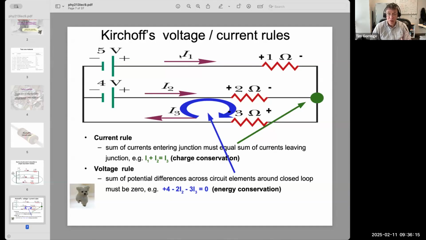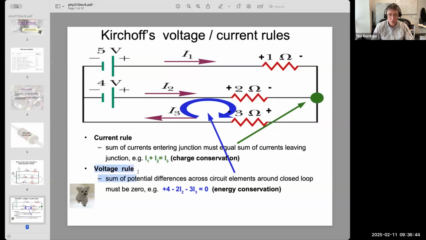So current 1 flows in, current 2 flows in, current 3 flows out. Kirchhoff's current rule says that the currents that are flowing in must equal the current that's flowing out. So I1 plus I2 equals I3, as I1 and I2 are in and I3 is out. We don't lose, we don't gain any current at this or any other location in the circuit. That's the current rule. It's as straightforward as that.